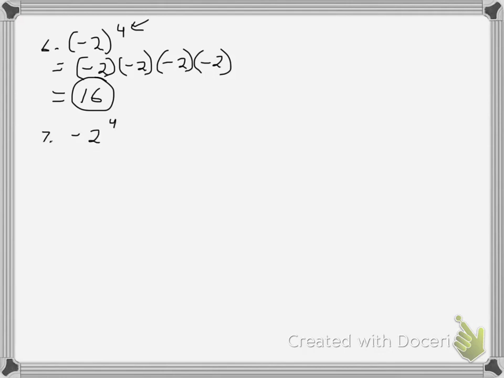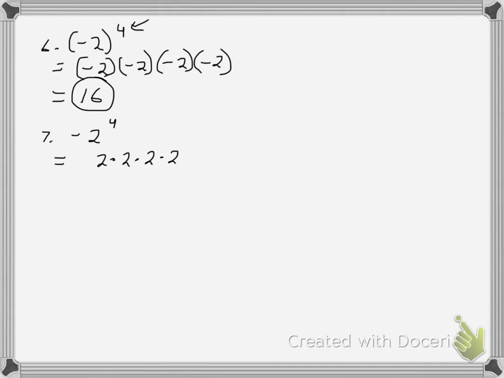Number 7 tends to be trickier for students. The question is, what are you raising to the 4th power? A -2 or a 2? Hopefully you can see that we're raising the 2 4 times, because I don't have a parenthesis around the negative like I did above.